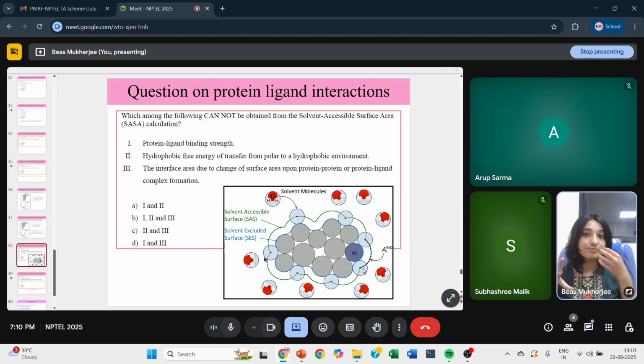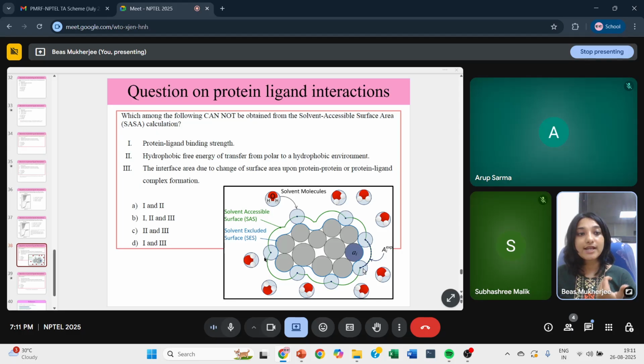Okay, now why is this very important? Because this tells you a lot about the interactions of the protein. Based on the solvent accessible surface area, you can find out which regions in the protein are involved in protein ligand interactions. Now, the question is, which among the following cannot be obtained from the solvent accessible surface area?